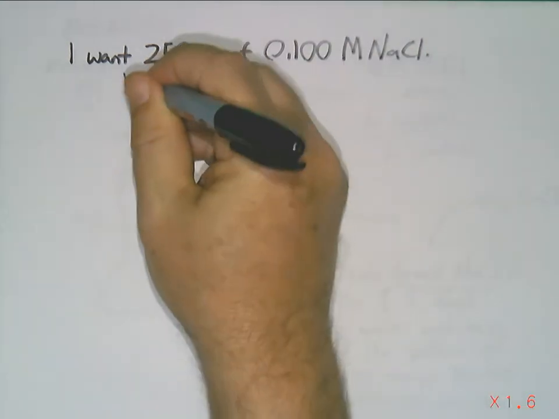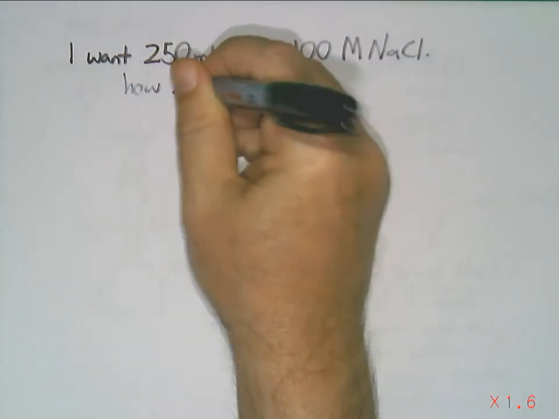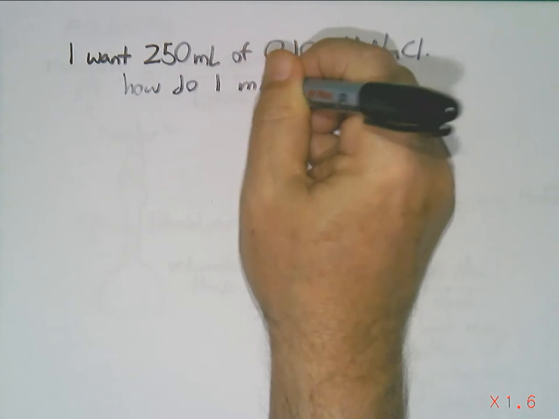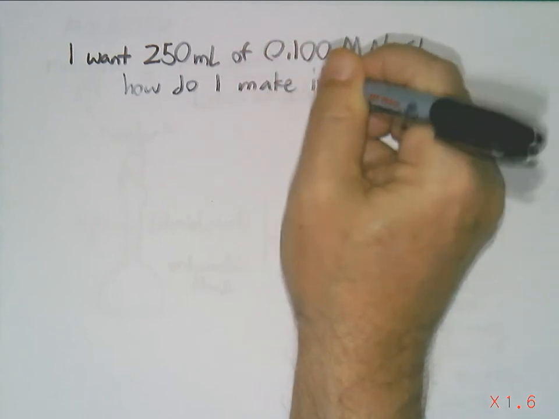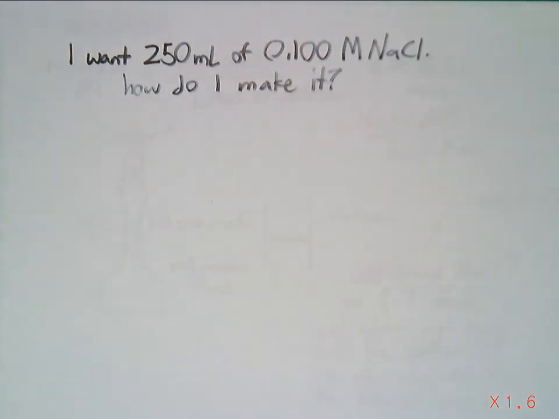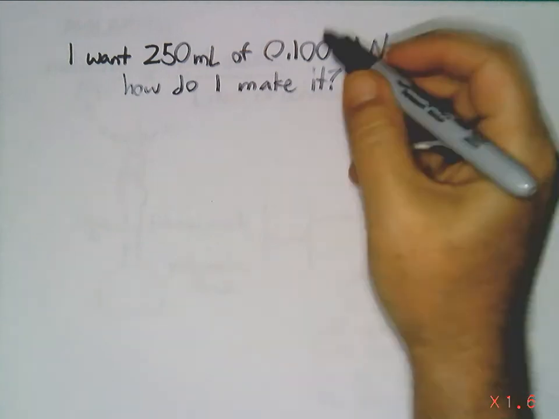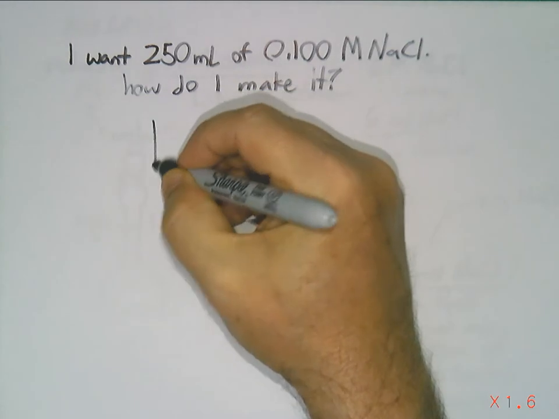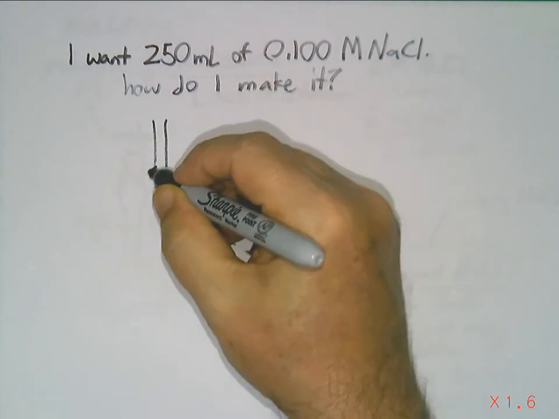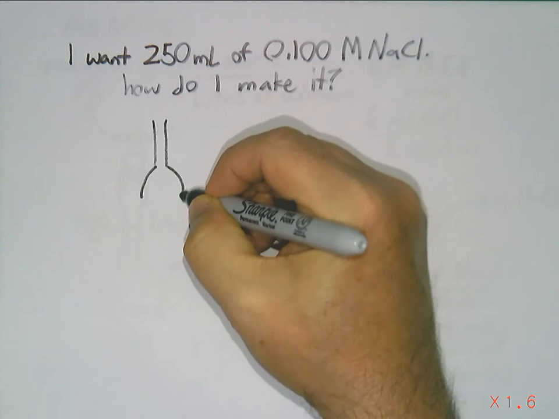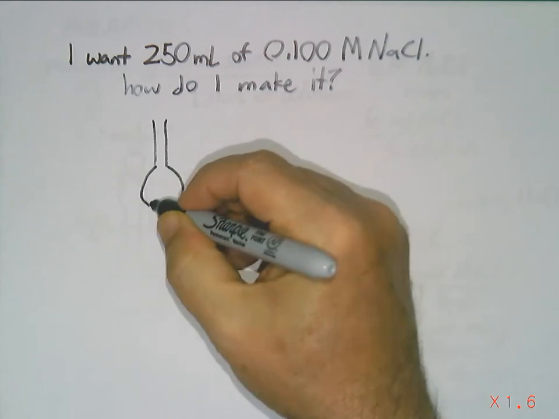How do I make it? All right. What I'm going to do is grab off the shelf a 250 milliliter flask. Volumetric flask is the right tool for this job.